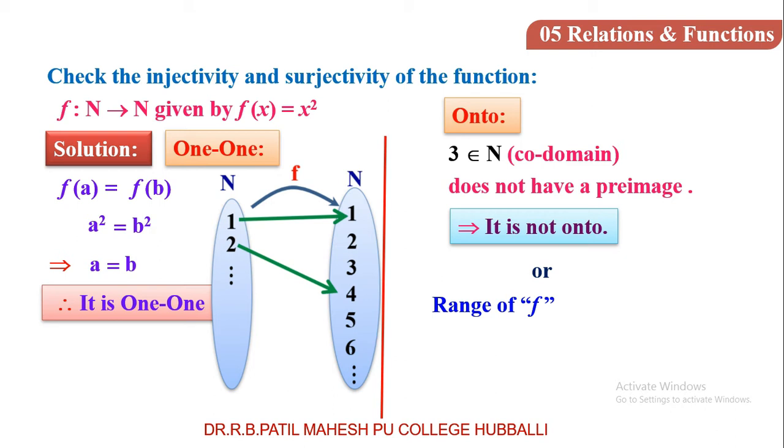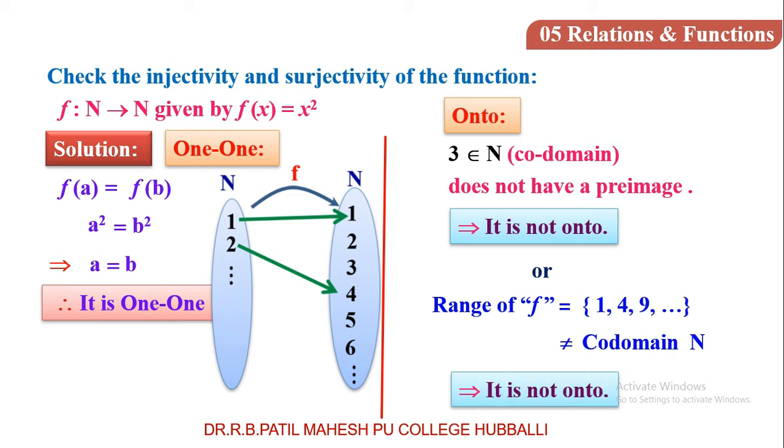All these elements come under the range. So here the range of the function is 1, 4, 9, where 4 and 9 mean 2 square and 3 square. This is the range of the function and it is absolutely not equal to the codomain, that is natural numbers. Therefore, the function is not an onto function. Clearly it is not onto, no doubt. Range is not equal to codomain.